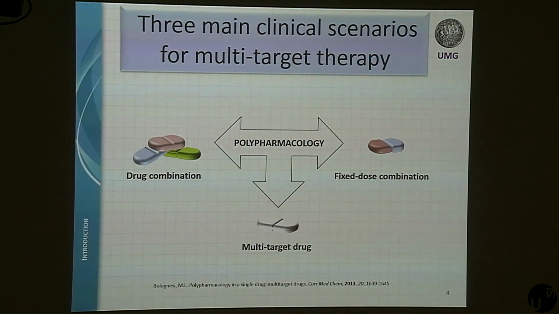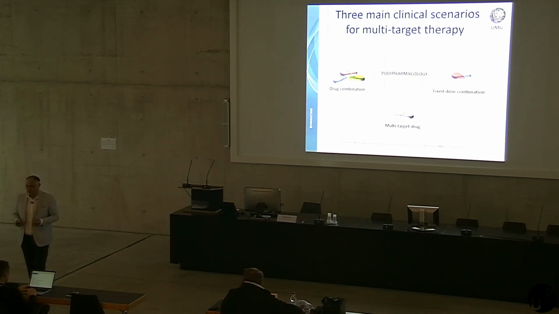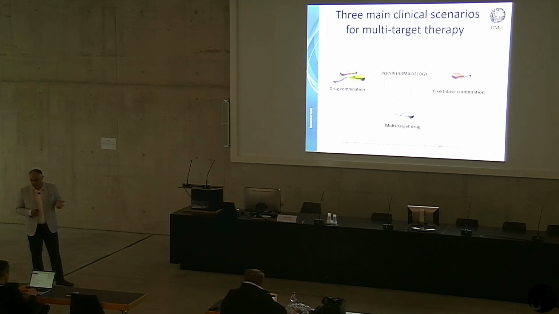So just to explain some of the reasons of the multi-targeting idea, let's briefly try to compare three different approaches that we can use in therapy. You know that for cancer, for all the other complex disease, we often need to use a drug combination, the so-called drug cocktail.